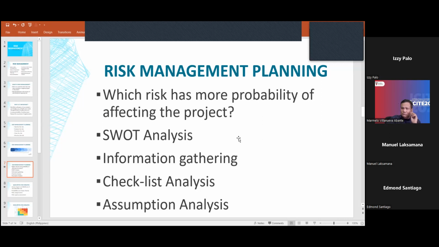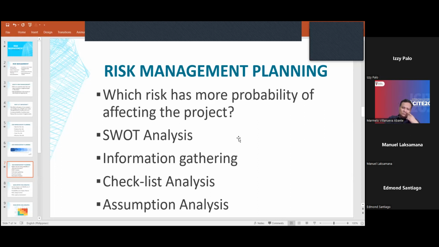I know everyone knows about SWOT, but I'm just going to say it for the benefit of everyone: the strengths, weaknesses, opportunities, and threats that we need to analyze. This fundamental tool for strategic and risk management planning can help the team identify risks and blind spots in the operations.